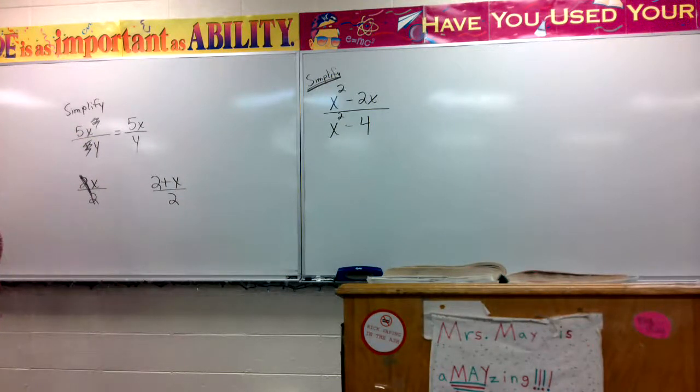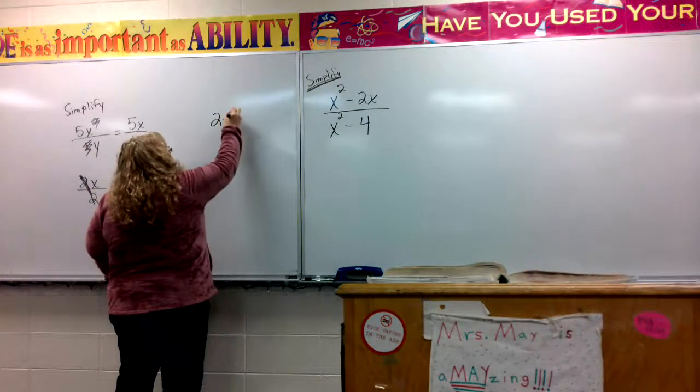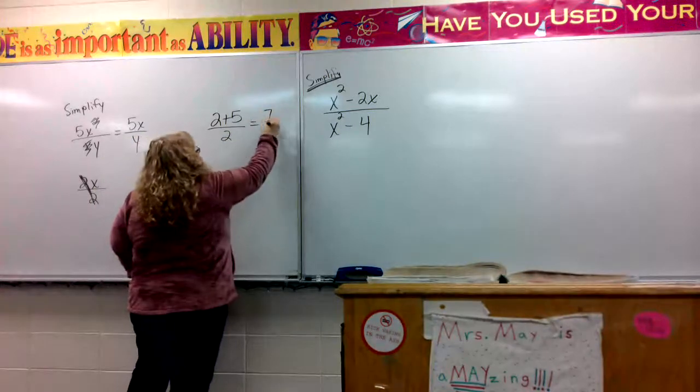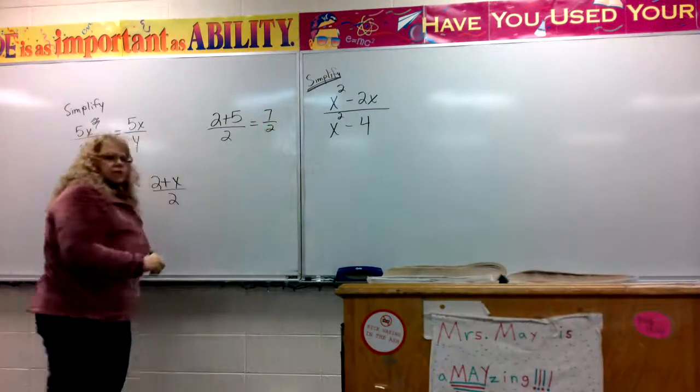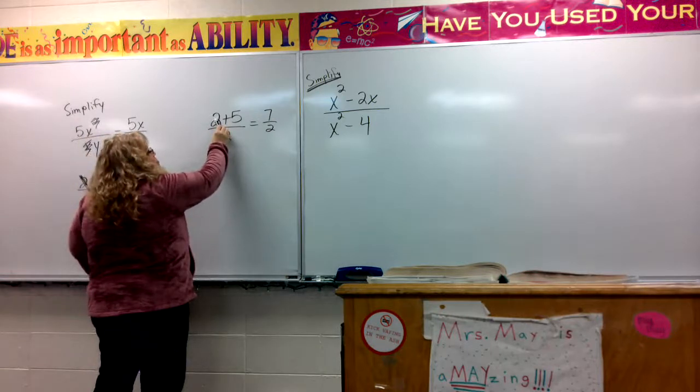If it's adding and subtracting, can you simplify that? If I do, isn't that 7 over 2, which is 3.5? If I cancel those, am I going to get 7 over 2?